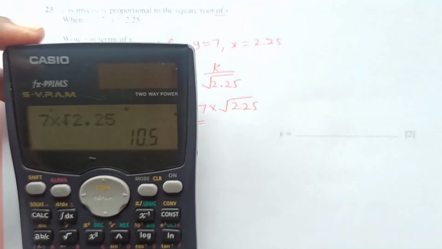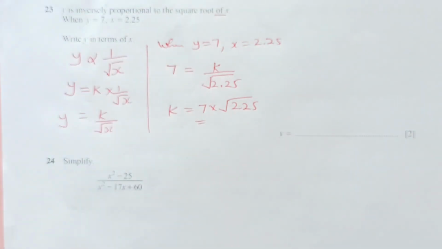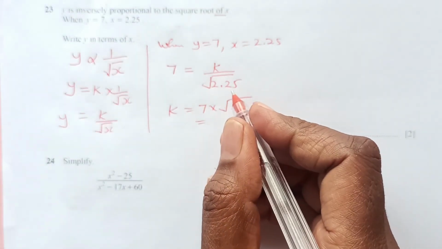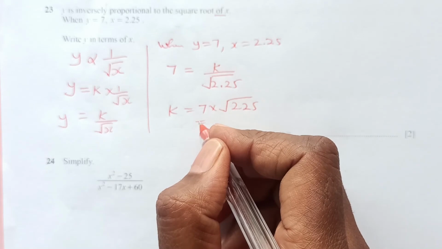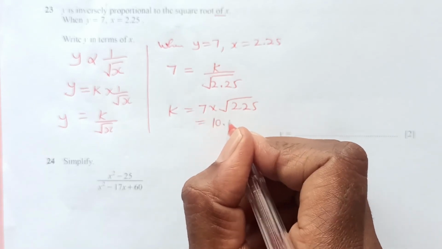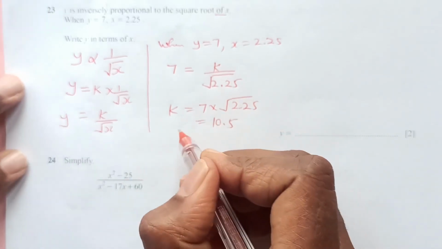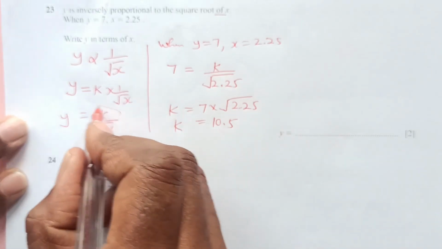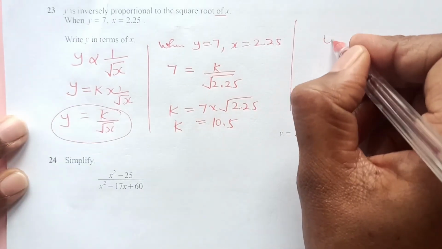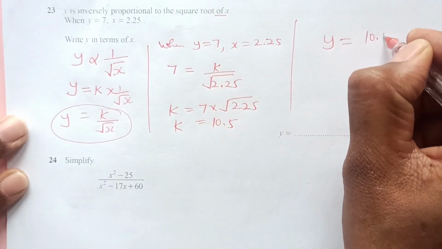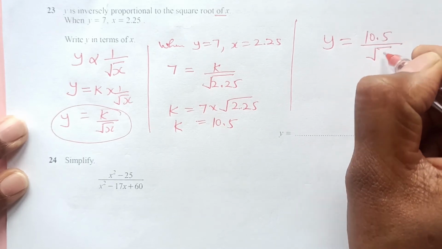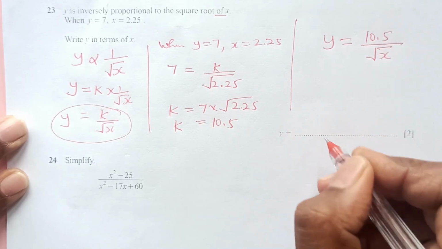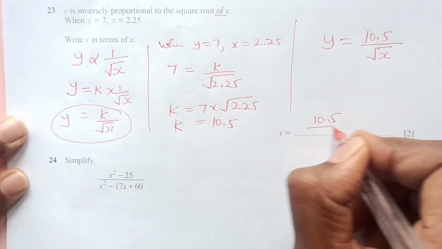This is 10.5. K is 10.5. He said write y in terms of x, so we can take the value from here. So y is equal to 10.5 over square root x. So that is the final answer here.